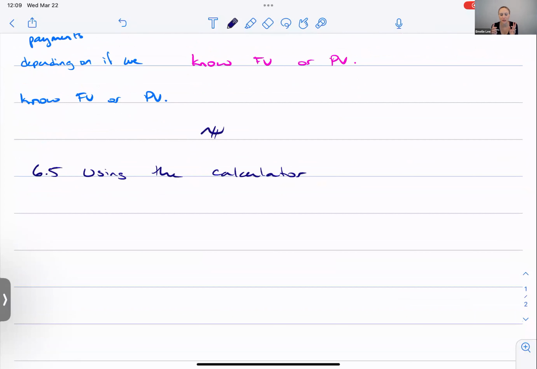6.6, I'll say that we're kind of skipping 6.6. It summarizes the general strategies for solving these problems, but that's what we're doing all along, as I'm highlighting things to keep track of.